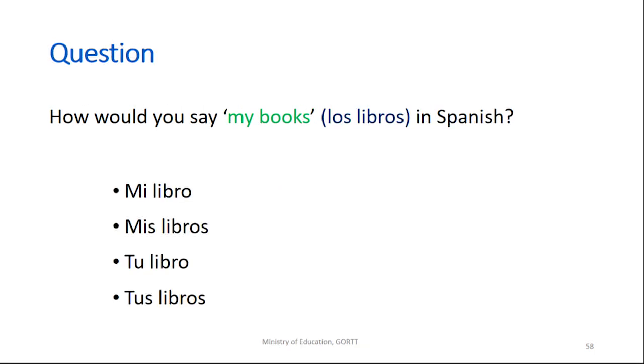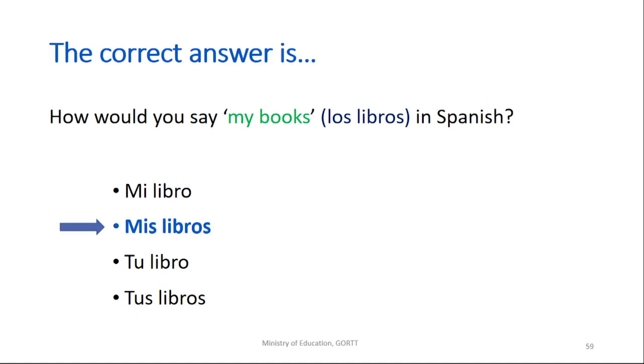Now, how would you say my books in Spanish? Look at the options and tell me what you think. If you said mis libros, you are correct. We use a plural possessive adjective since we're referring to a plural noun, los libros.